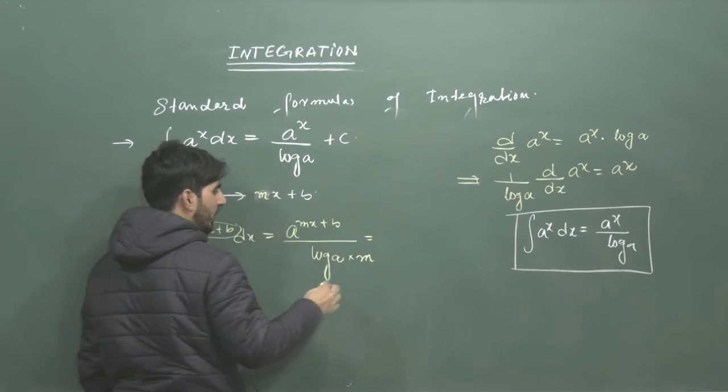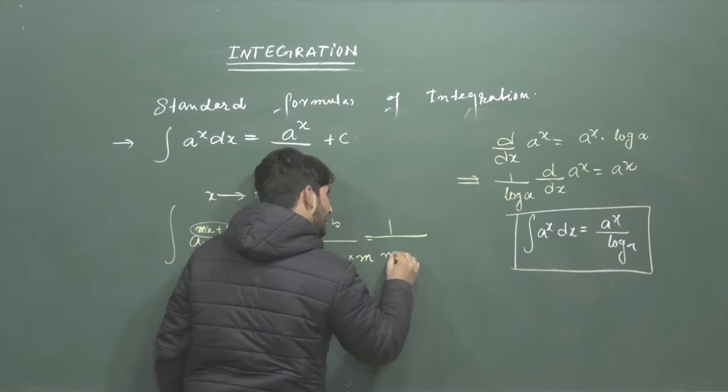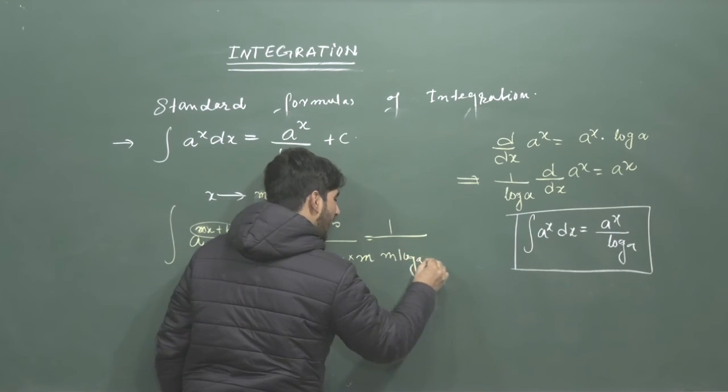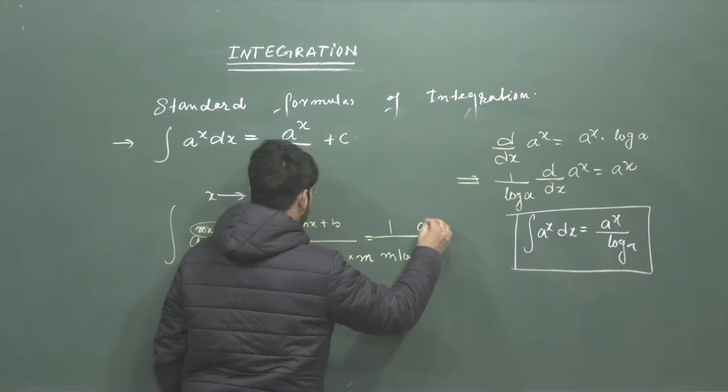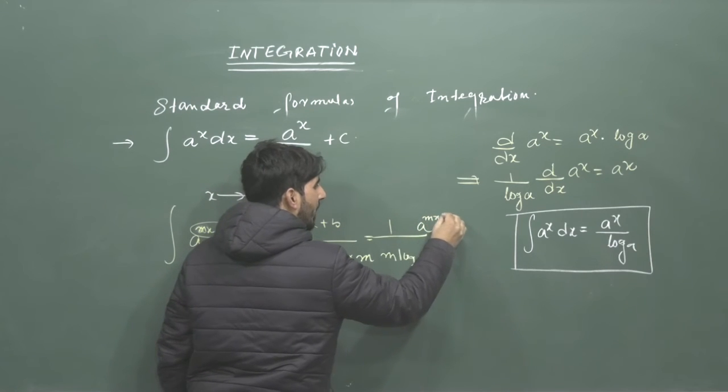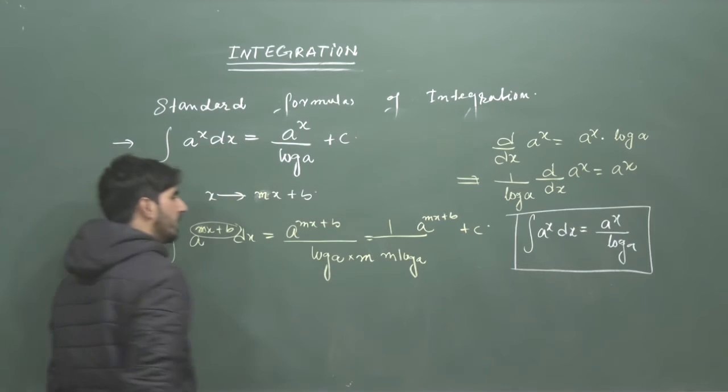So the final result will be 1 divided by m log a, a raised to power mx plus b plus c.